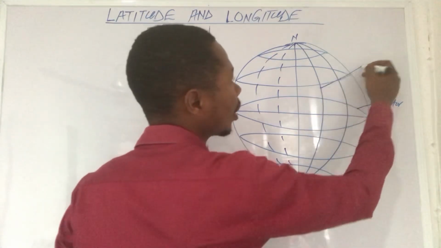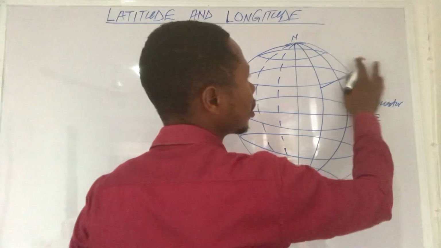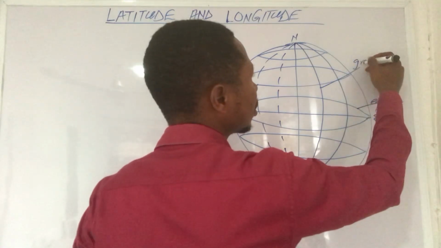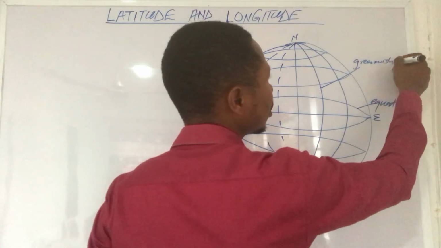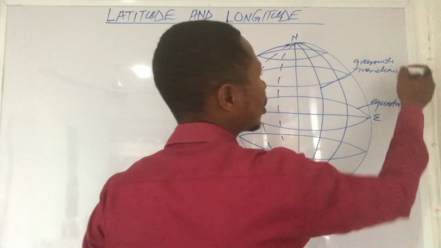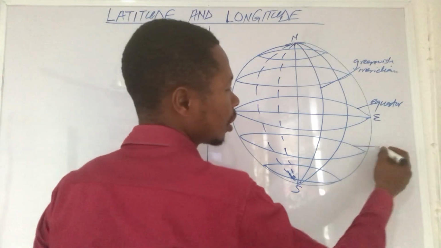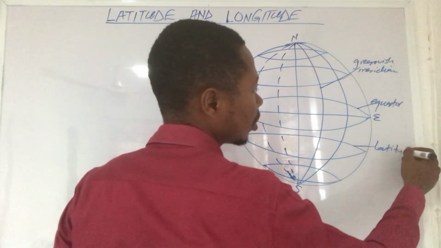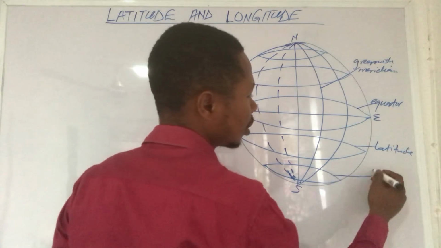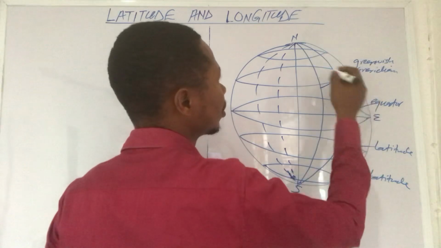This is our Greenwich meridian. Then this is latitude. This is latitude. This is also another latitude.